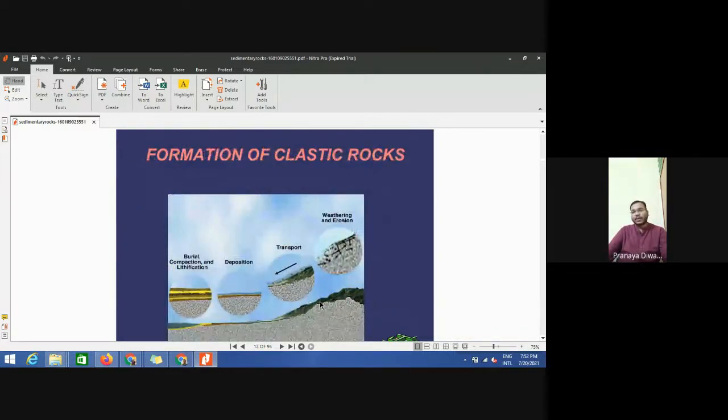Then how is the rock formed? What is the formation of this clastic rock which takes place? So you have weathering and erosion. After the weathering and erosion, they are transported.